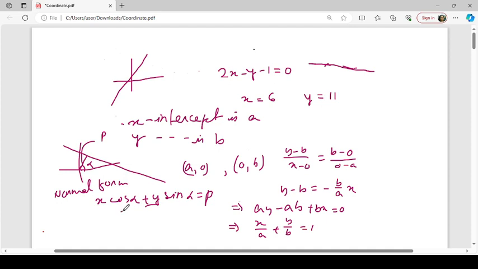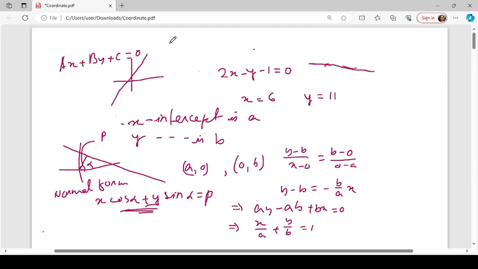If we know this form, then what do you say? This p is the perpendicular distance of the line from the origin. We know this value, the distance of the line from the origin. So our equation is given, say, ax plus by plus c equal to 0.